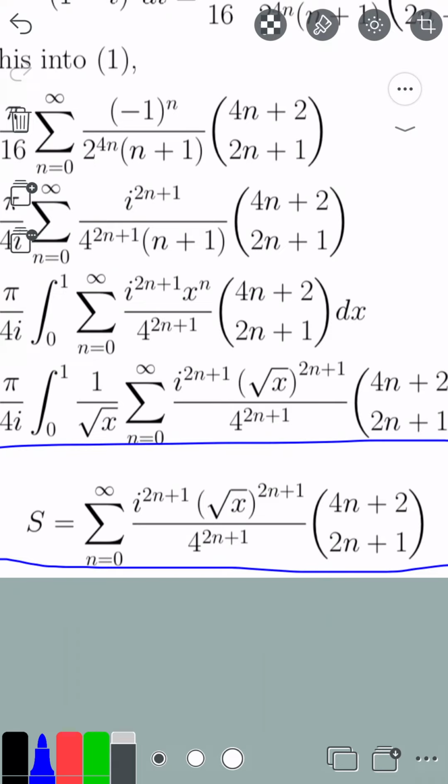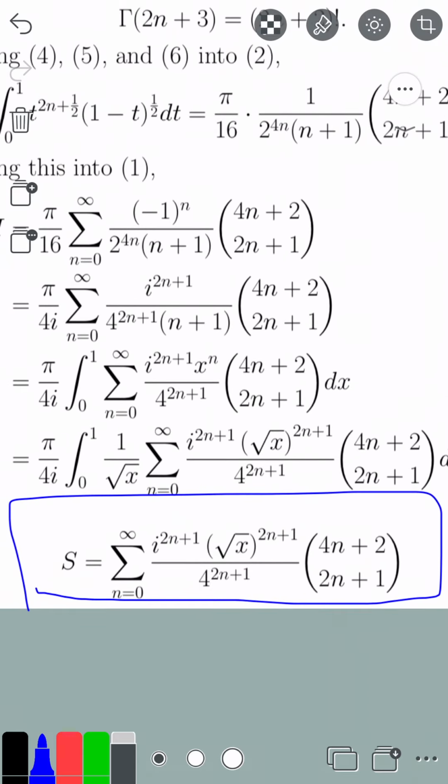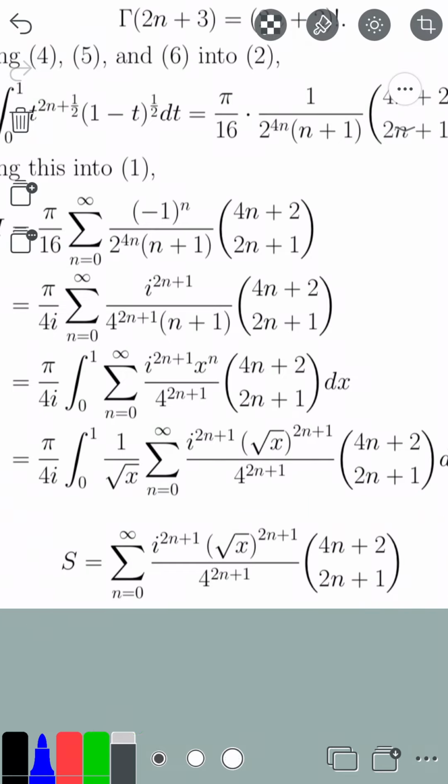When we take the sum from n equals 0 to infinity, 2 times 0 plus 1 is 1, 2 times 1 plus 1 is 3, 2 times 2 plus 1 is 5, and then 2 times 3 plus 1 is 7, and so on. So it's all odd terms. So we can break it down into the difference of an alternating and a non-alternating series.